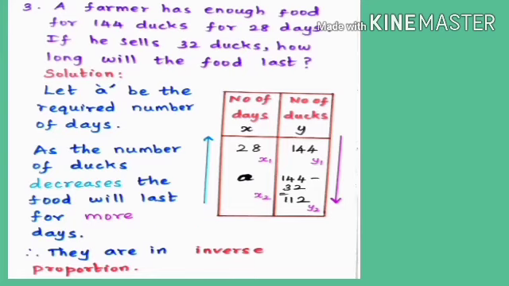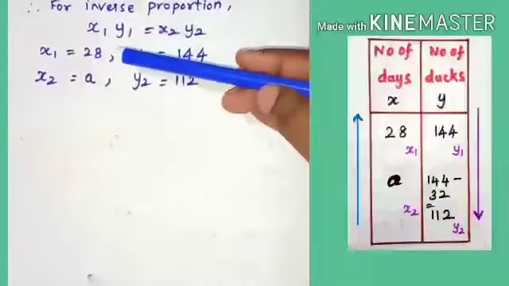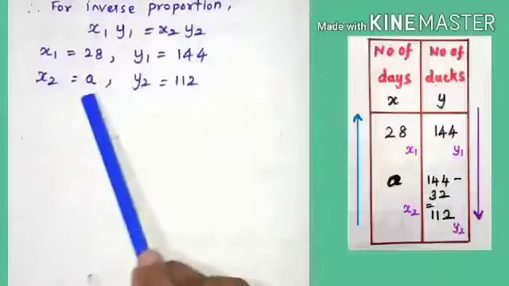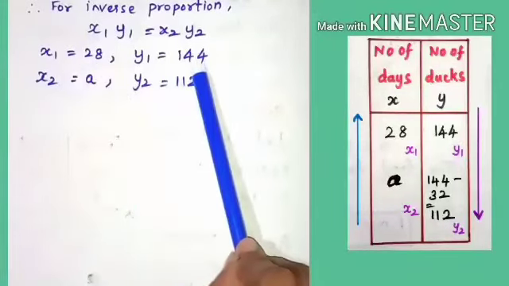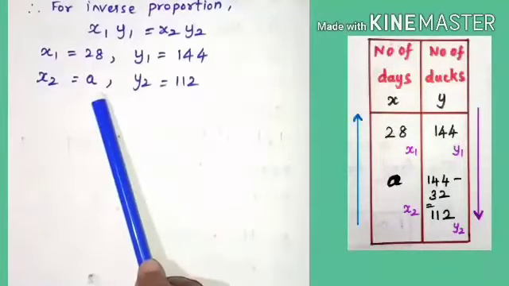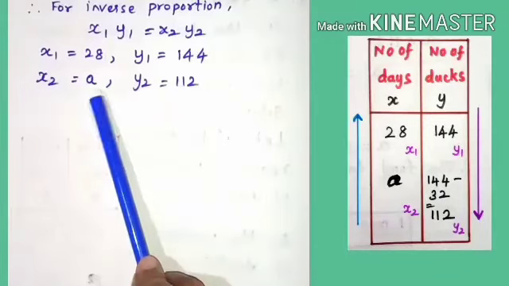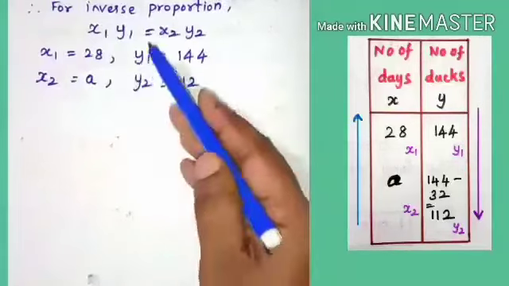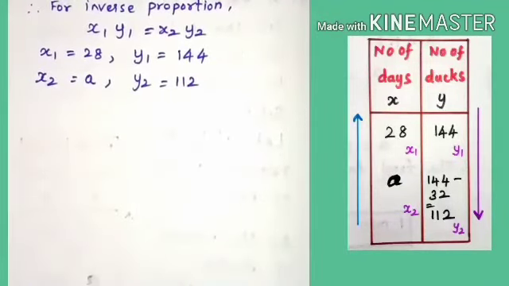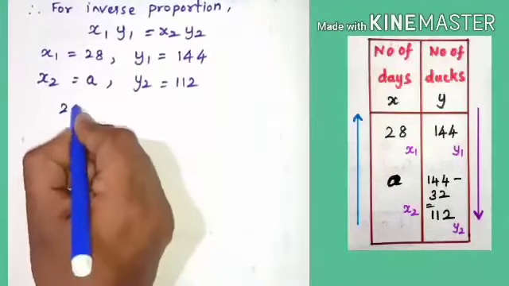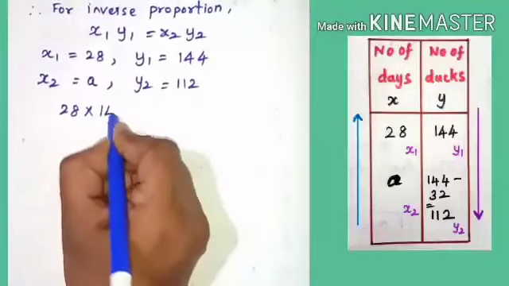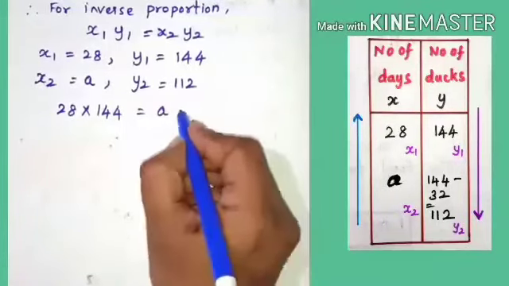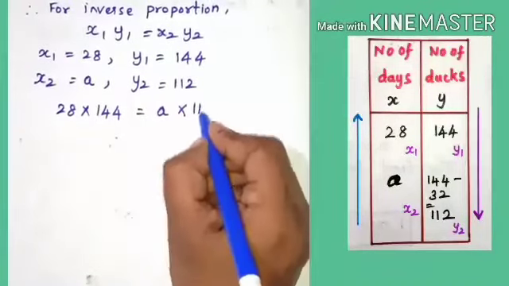inverse proportion. Students, for inverse proportion, the condition is x1 y1 = x2 y2. So here the value of x1 is equal to 28, y1 is 144 and x2 is A, which we have to find, the unknown value, and y2 is equal to 112. Now, substituting all the values in this condition, we get x1 is 28 into y1, 144, is equal to x2, A, into y2, 112.